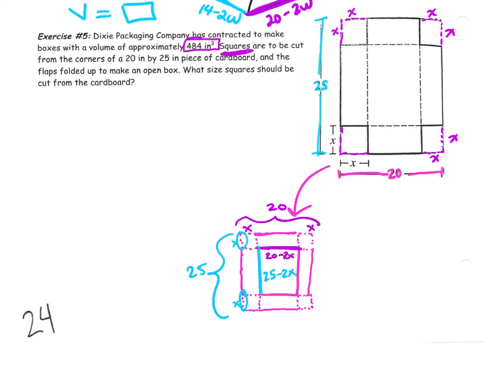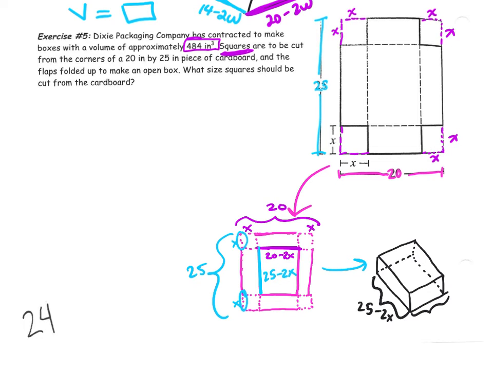And if we were to just, again, recreate our three-dimensional rectangular box, it looks something like this. Okay, we know this has a dimension length of 25 minus 2x.